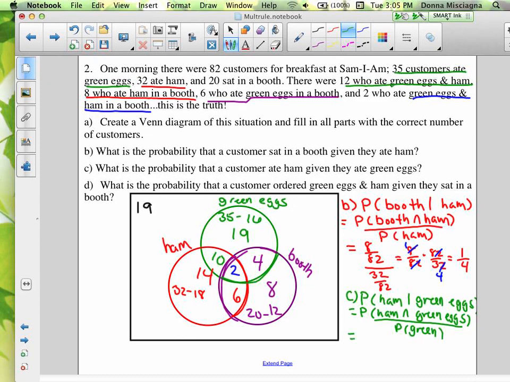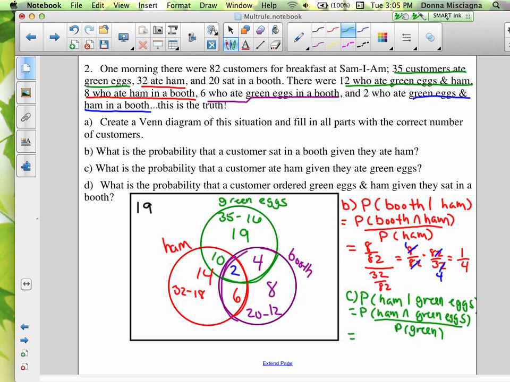So the probability of ham and green eggs, because this is the probability of ham given green eggs. Whenever we have a conditional probability, we take the probability of both divided by the probability of the given. So the probability of ham and green eggs is the overlap between the red and green circles.